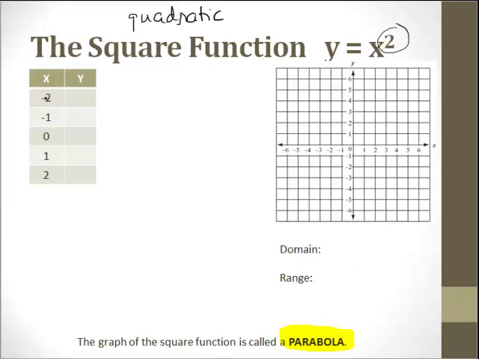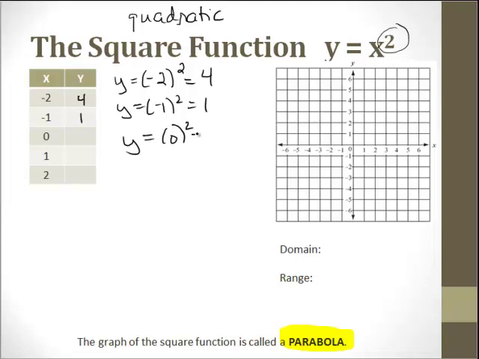So if you were to plug in each of these numbers, you would have y is equal to negative 2 squared. Negative 2 squared is 4, so we get 4. Y is equal to negative 1 squared, we get 1. Y is equal to 0 squared, so we get 0.